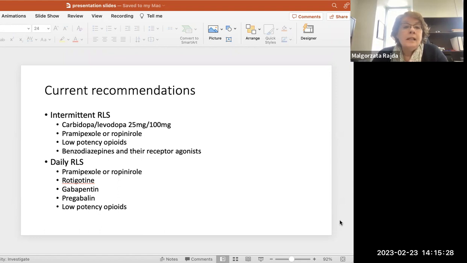Patients who have daily restless legs, the first line treatment will be oral dopaminergics, such as pramipexole or ropinirole, or a patch like rotigotine. And then there are other options that I would consider in patients who have not responded to dopaminergic therapy or have unacceptable side effects from dopaminergics.